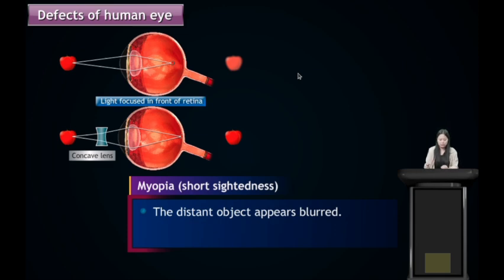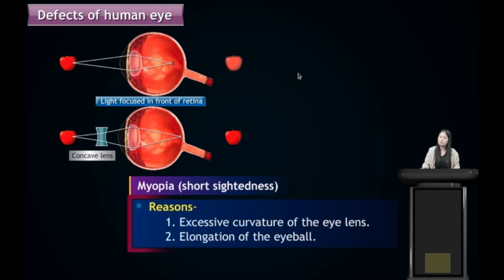In this defect the image is formed in front of the retina. So what could be the reason?